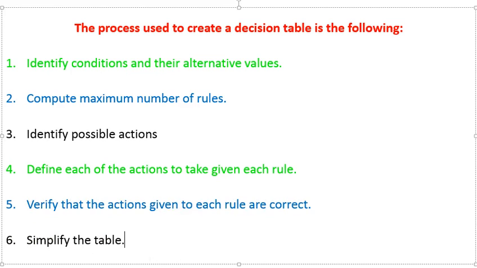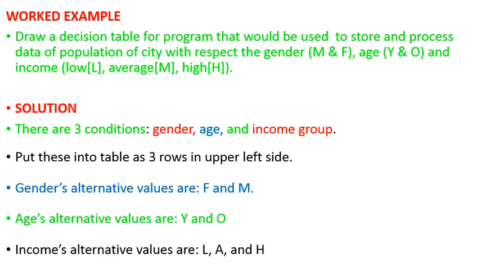And as I said, let us look at a worked example. It will make life very easy for us to understand. Now, the worked example says, draw a decision table for a program that will be used to store and process data of the population of a city. That city population is going to be stored and processed based on the gender.